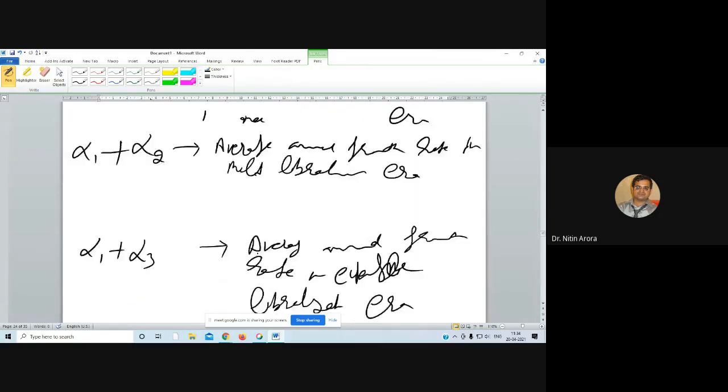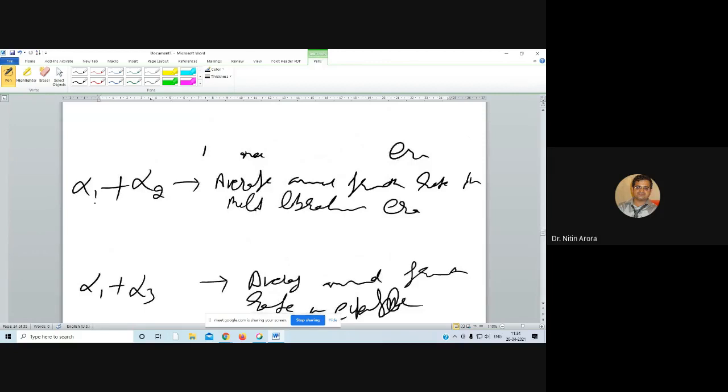So when we are computing the sum of these two coefficients, alpha 1 plus alpha 2, alpha 1 plus alpha 3, it is possible that if alpha 1 was significant, alpha 1 plus alpha 2 can become insignificant. So we have to see whether the growth rate in the sub periods is statistically significant or becoming insignificant.